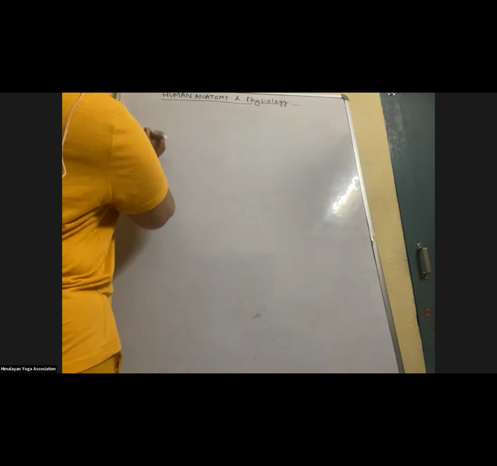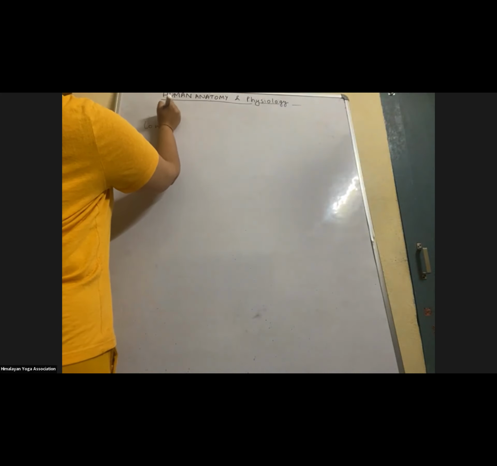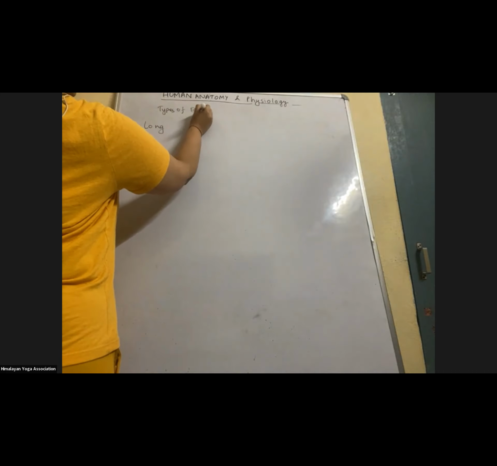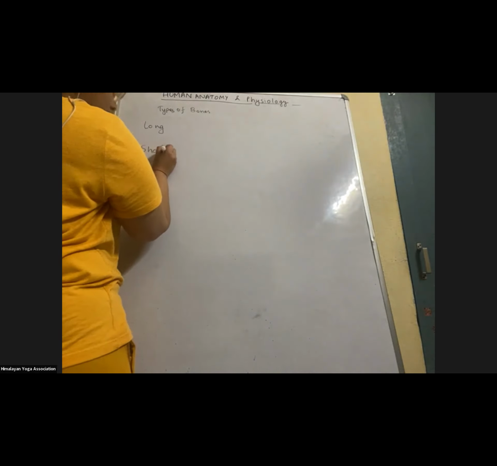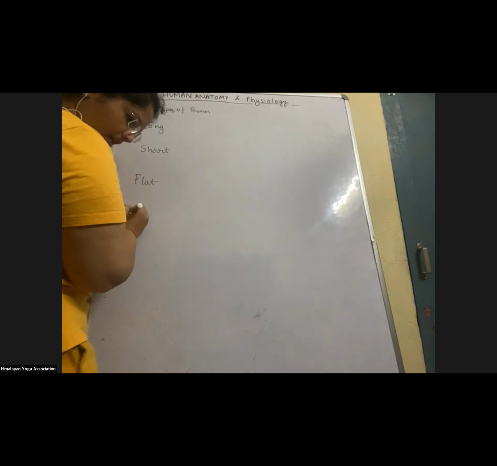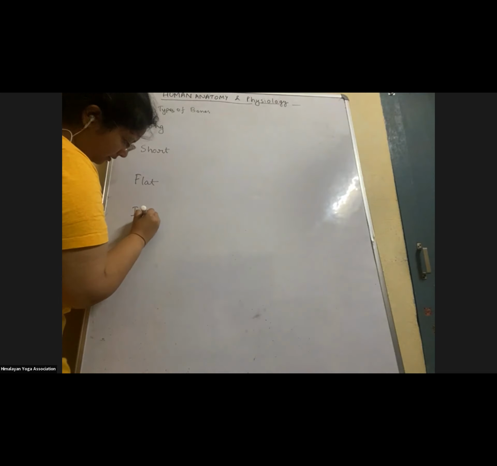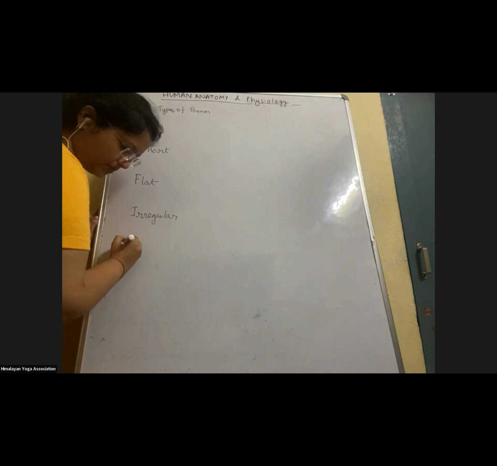Okay, so the types of bones: long, short, flat, irregular, and sesamoid.